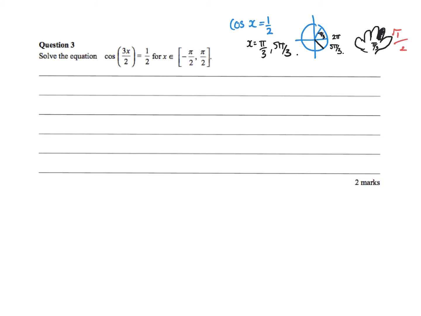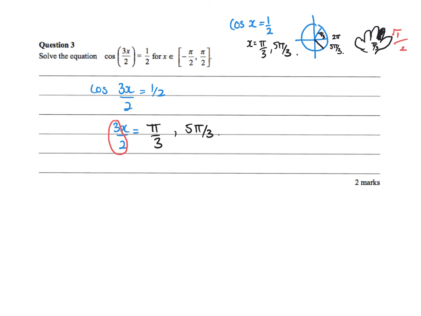So you come back to this original one and we'll write like we do. So we'll say, cos 3x over 2 equals a half, and we'll just write when 3x over 2 equals, and we can write our 2 answers that we got there. So we said pi on 3 and 5 pi on 3. Okay, so what we're going to do is essentially we're timesing this x by 3 over 2.